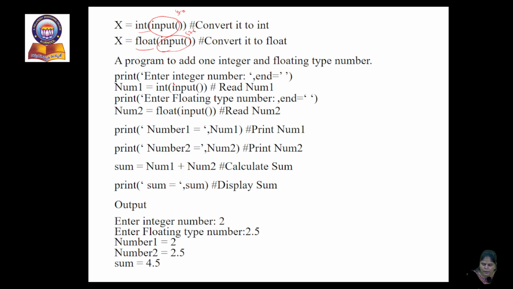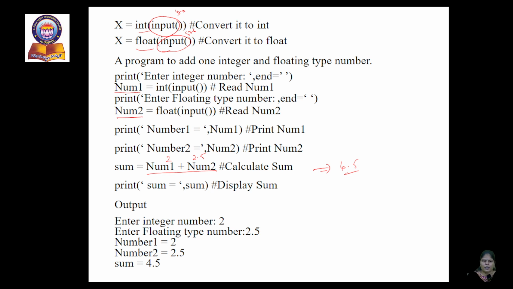So enter integer number, int of input, reading the value into num1, and num2 the floating value. So an integer is read into num1, a float value is read into num2, and at last I am summing num1 plus num2. For num1 I have taken 2 and for num2 I have taken 2.5. What will be the sum? 4.5 will be the sum.